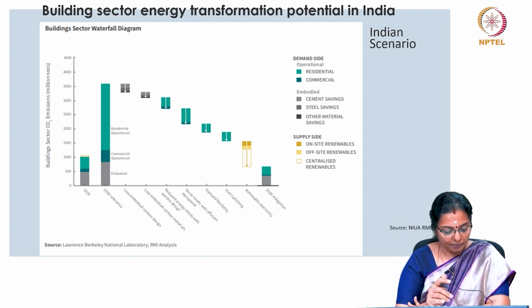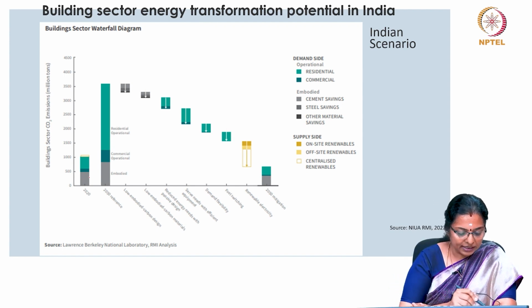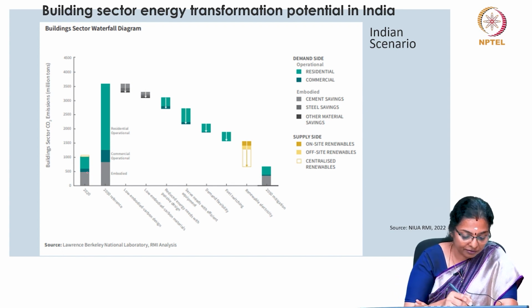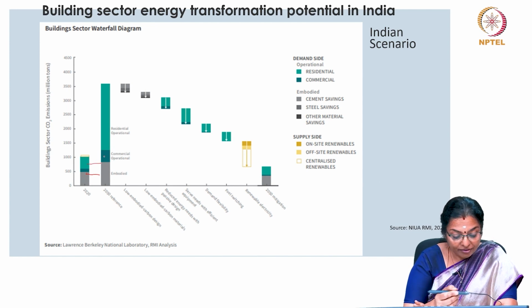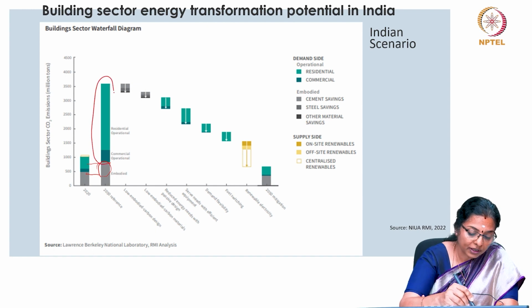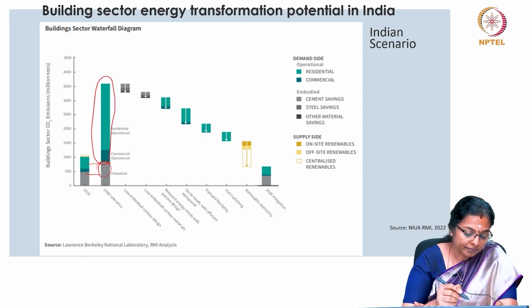So, if you see, it can be seen that the projected figure of embodied carbon, though it has increased by 50%, say, in terms of quantity, absolute values, the increase is not as much as the requirement for operational carbon.